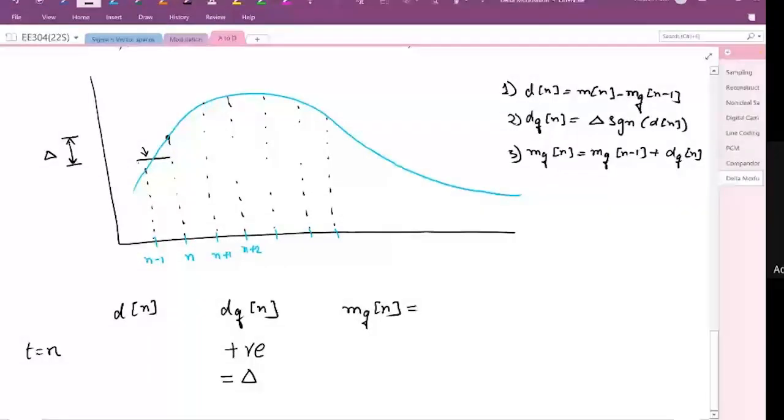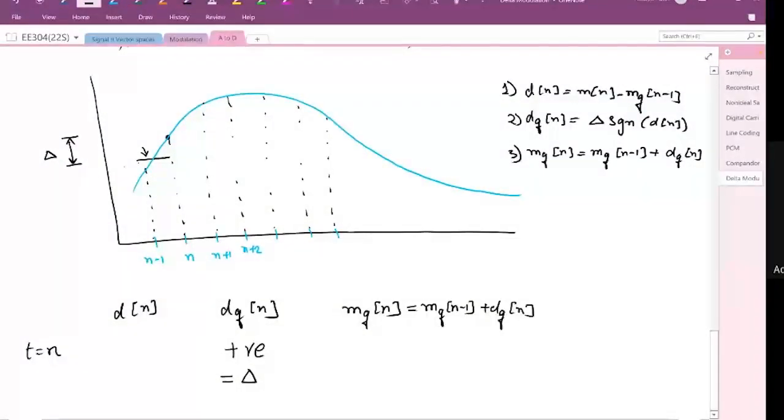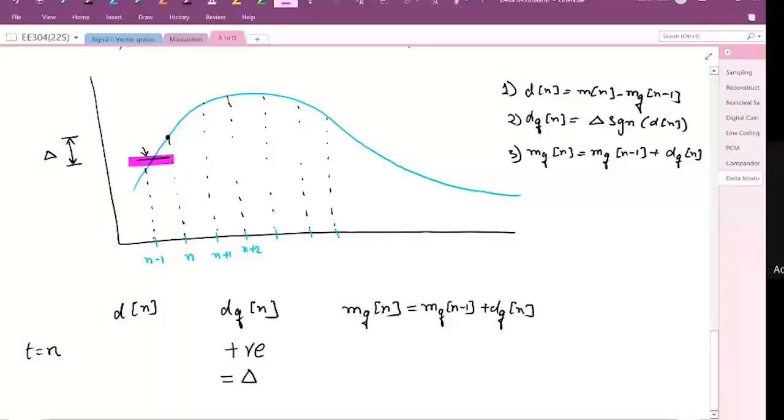Mqn is nothing but the previous value mqn minus 1 plus dqn. So the previous level was this mqn minus 1, and now the new value of mqn will be an increment by the step size del. Yes or no? Is this making sense?